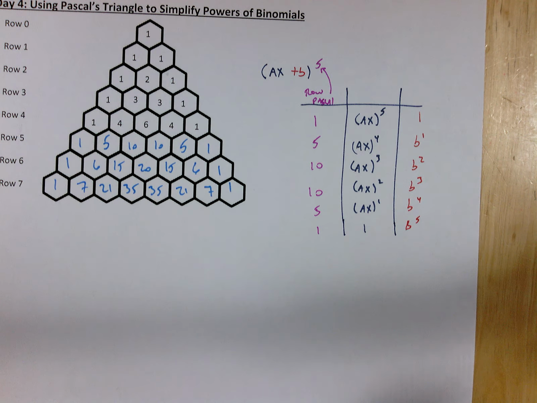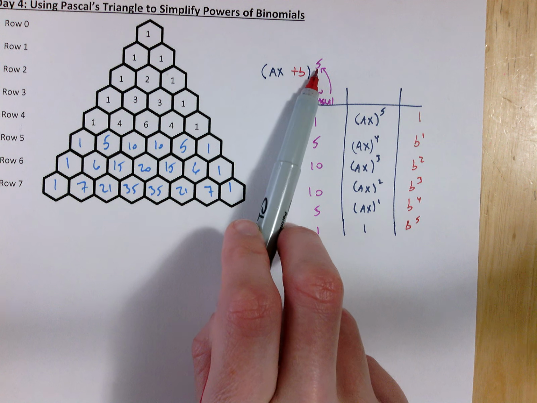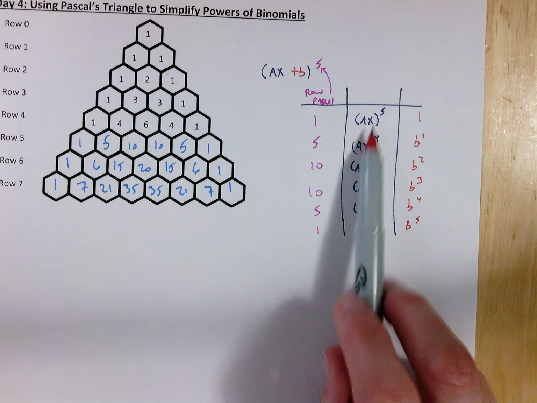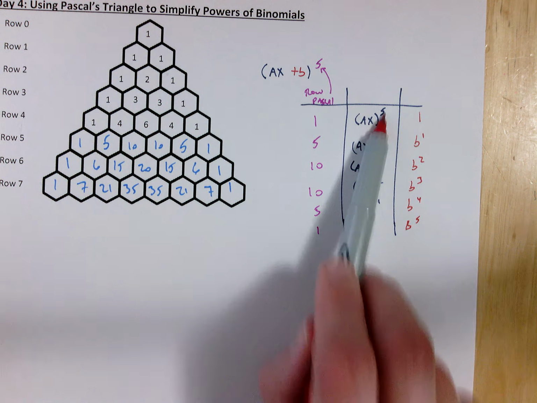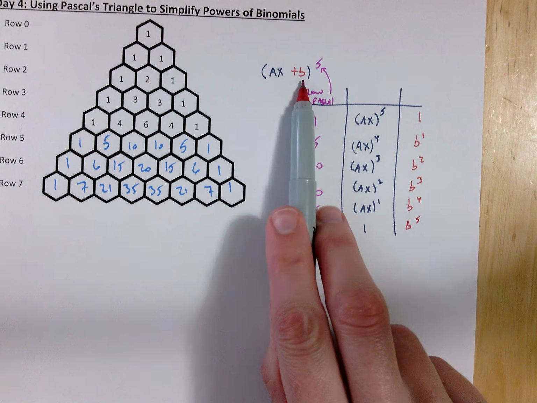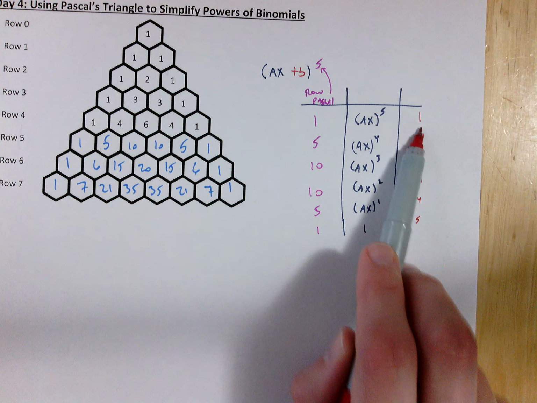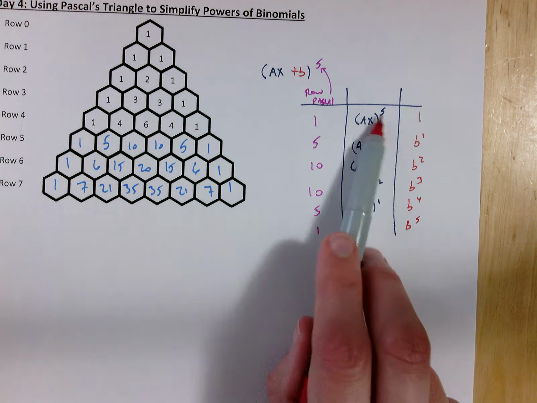Okay, so that setup, that is your pattern. So these numbers you get from a row of Pascal's triangle going off of whatever your exponent is. These ones, you take your first term and raise it to a matching exponent, and they drop each time. These ones, you take the second term and you raise it to the 0 power and you increase the exponent once each time. Okay, so it should work out that if this is to the 5th, then this is to the 5th.